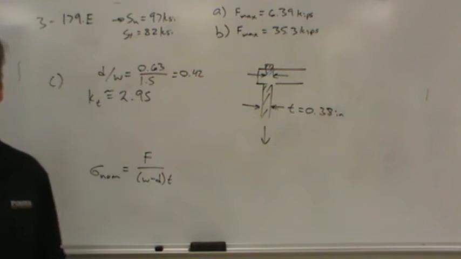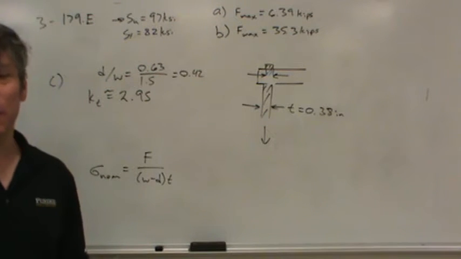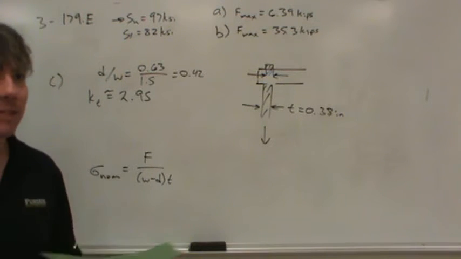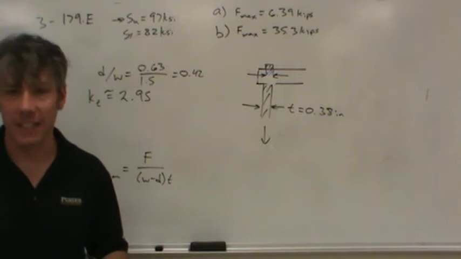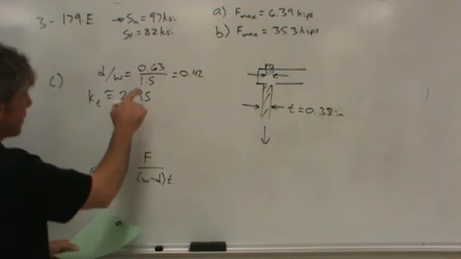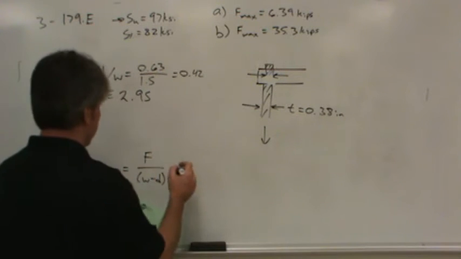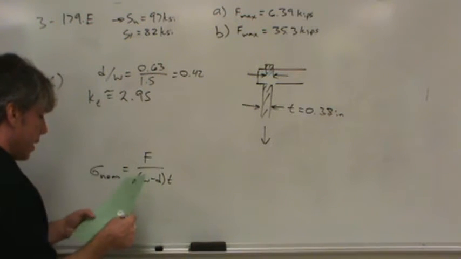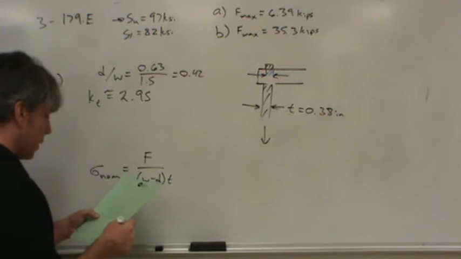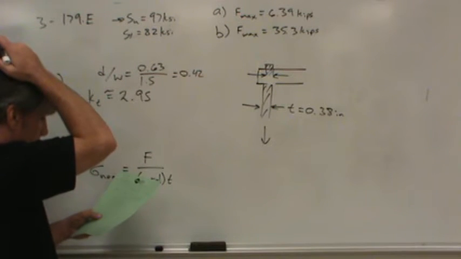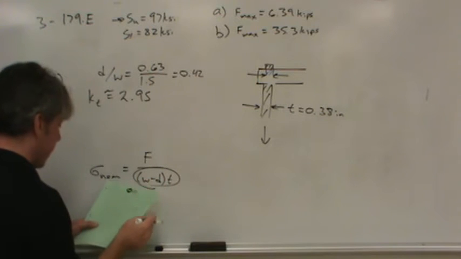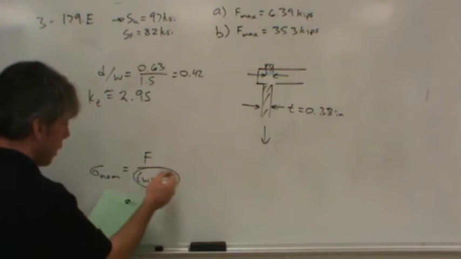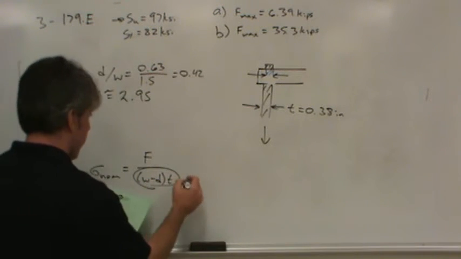My best guess. Okay, I guess I was a bit arrogant and I said 2.95. Is that exactly right? If you said 3, is that wrong? No, 3 is fine. So there's our KT. Now, one thing to note here is the area. Let's calculate this. This is basically the area of that cross section that I showed you earlier. You can calculate this, so I'm not going to bother with it.